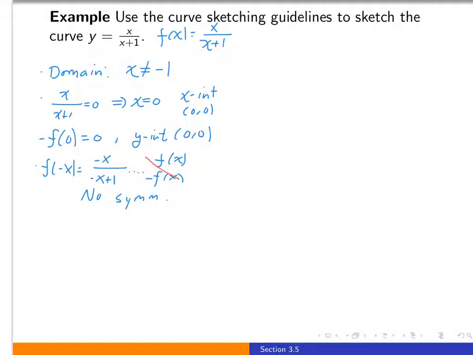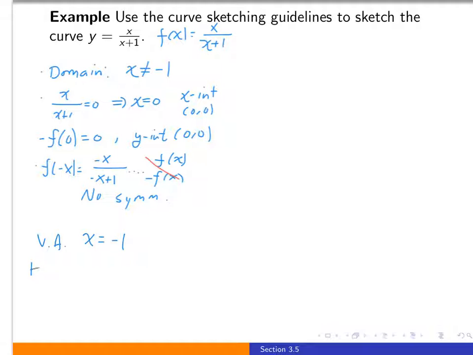Next on our list is to think about asymptotes. Because it's a rational function, x over x plus 1, there is a vertical asymptote whenever the function is undefined because you're dividing by 0. So the vertical asymptote would be x equals minus 1.